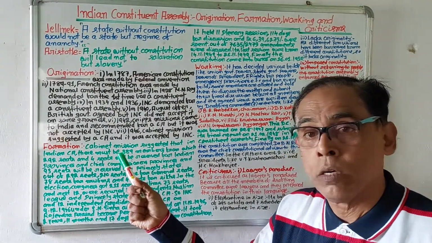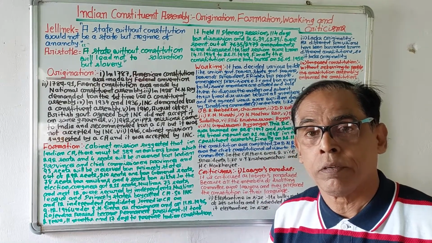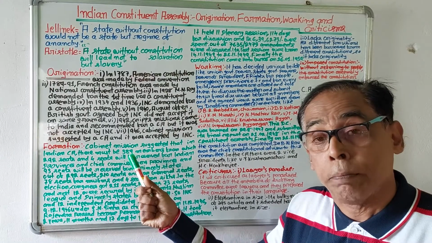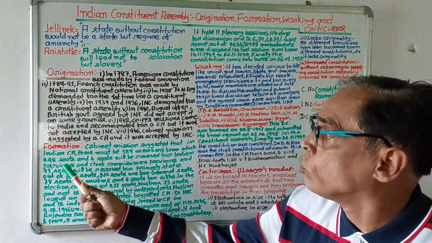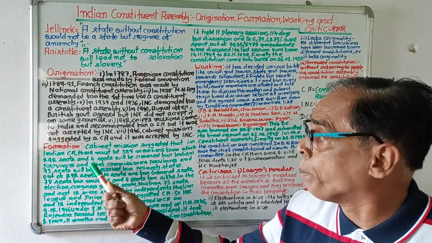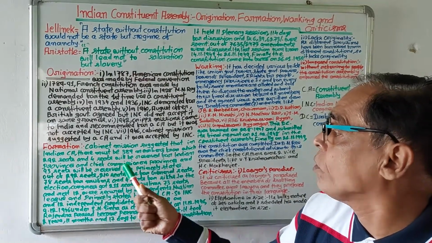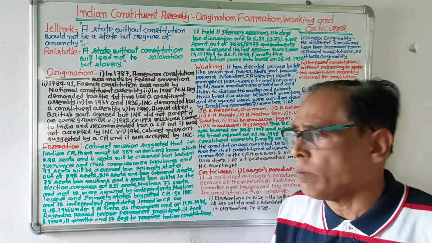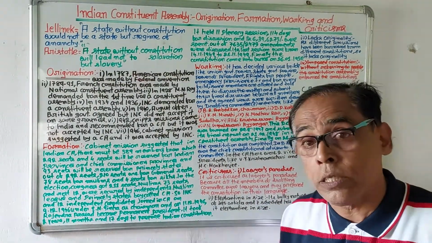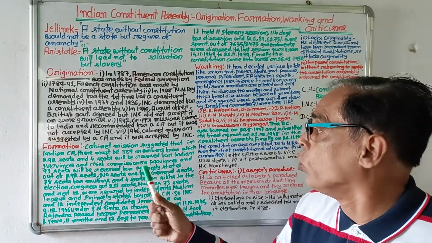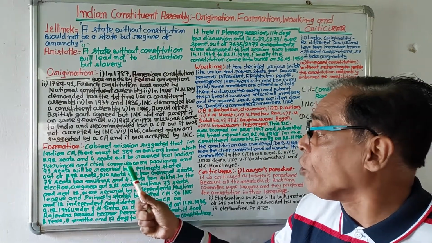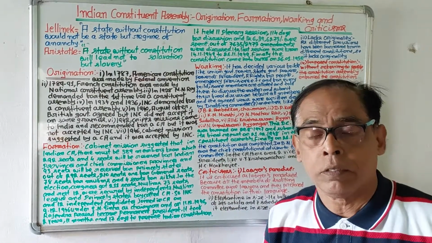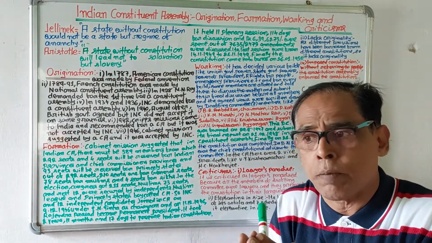The Cabinet Mission, which came to India in 1946, suggested that in the Indian Constituent Assembly there must be 389 members.